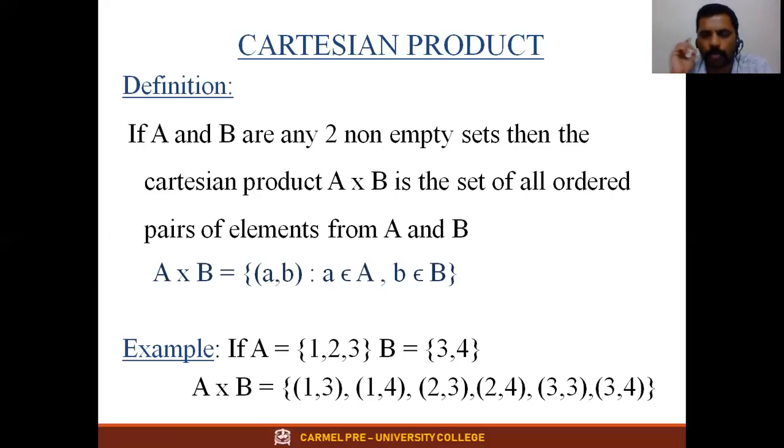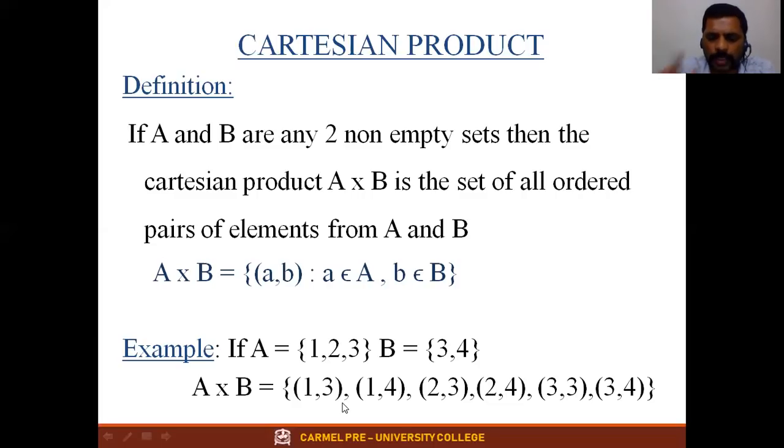Now I'll give one example so that you can understand better. Assume there is a set A equals {1, 2, 3} and B equals {3, 4}. Both are non-empty sets. Now, what is A cross B? First we'll choose the first element. What is the first element of A here? 1. For this element 1, you keep on pairing with the elements of set B. I can pair with 3, so that becomes an ordered pair.